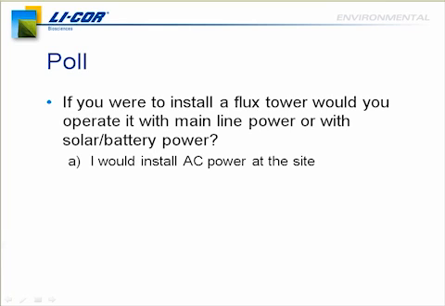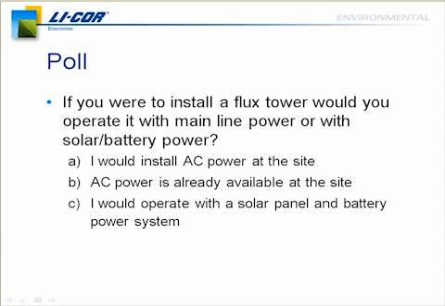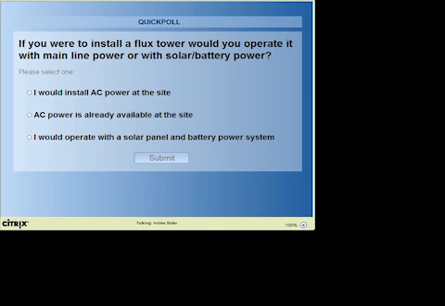So thinking about new sites, would it be easier to just install AC power at the site? Or do you already have AC power at the site? Or would you go ahead and want to operate with a solar power and battery power system? So again, we'll just take a moment and let everybody get their answers in, and then we'll move forward and wrap up the discussion today.